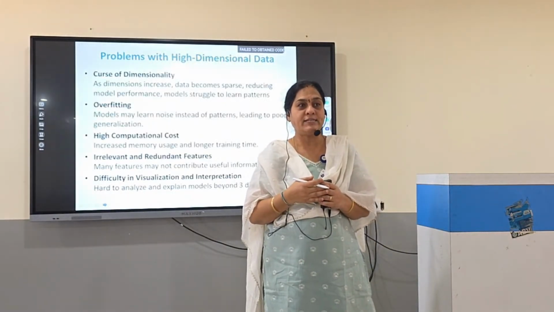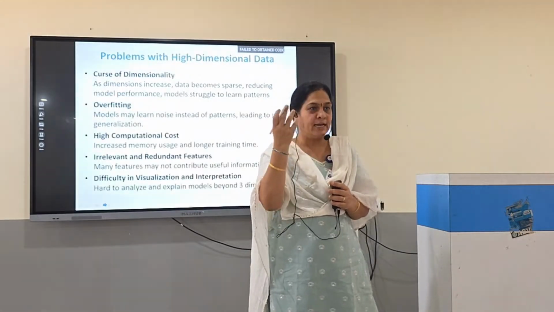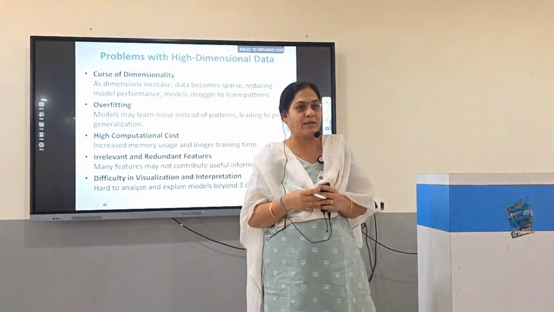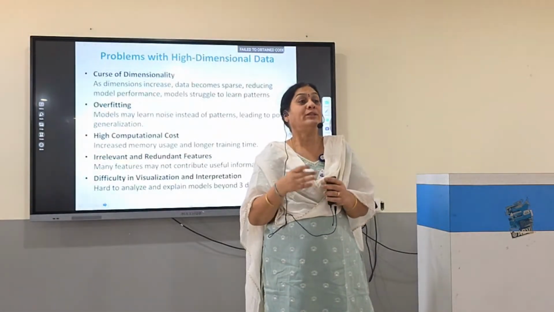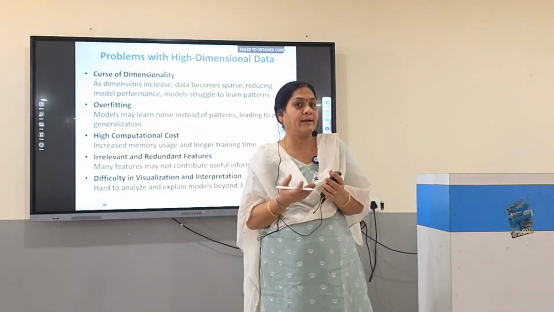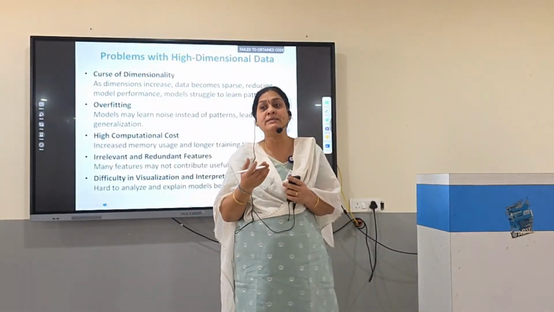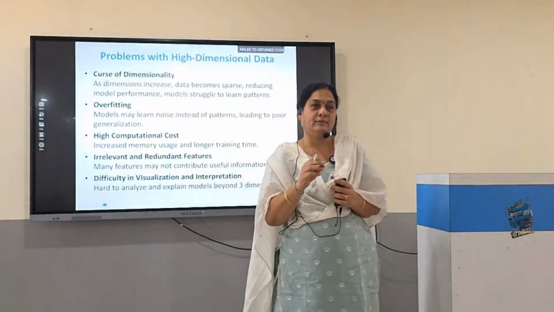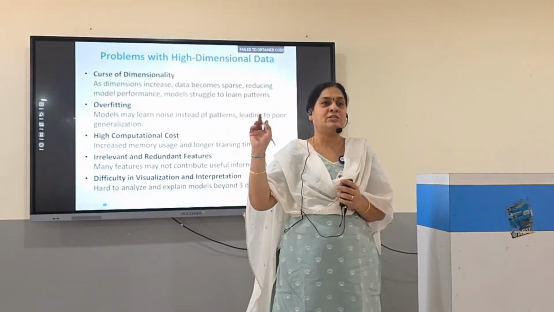Is age related to whether the student is going to pass or fail? No, it is not related. So there is some unrelated data also. There could be unrelated data, or there could be some redundant data also. Redundant data means, for example, you have marks in each subject, and there is also average marks.